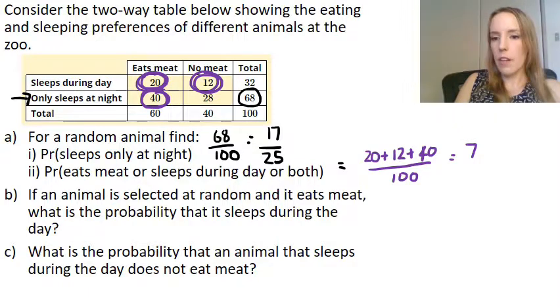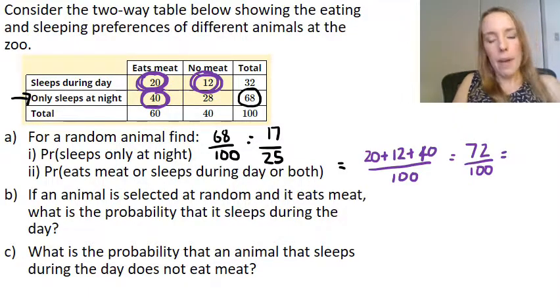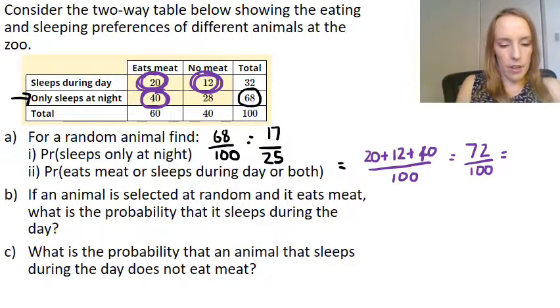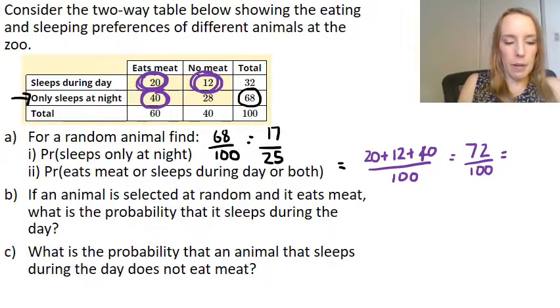72 over 100. And then we can simplify that. I don't know what we can divide it by. Let's go 4 maybe? Nope, something bigger than that. 6. 12.